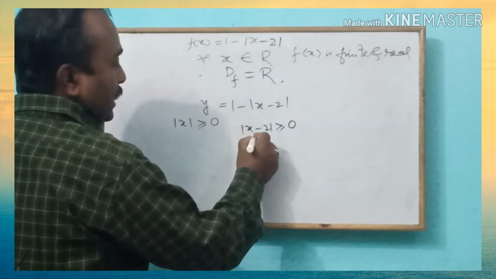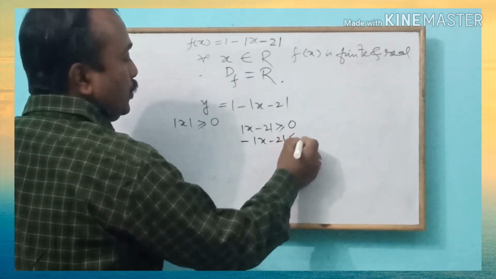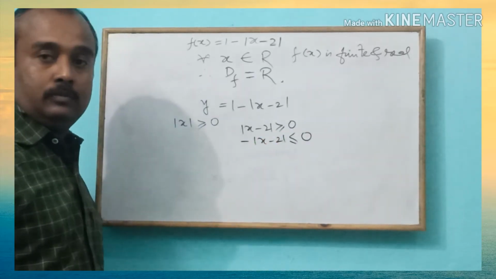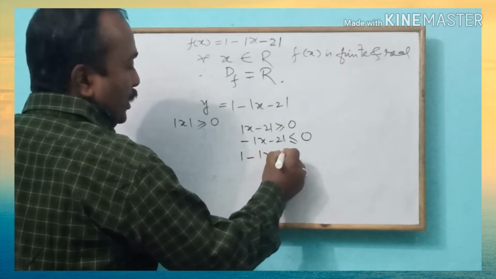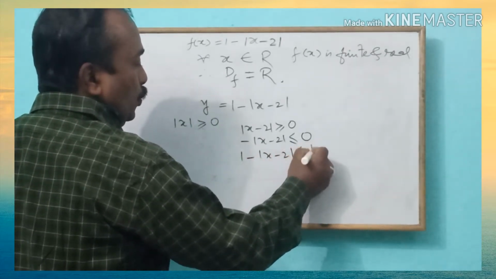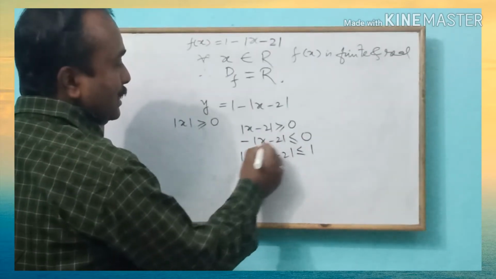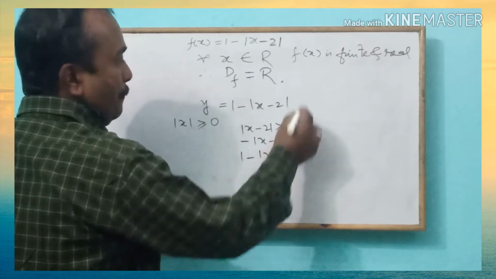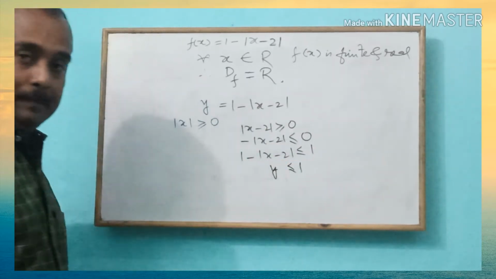And -|x - 2| is less than or equal to 0. So 1 - |x - 2| is less than or equal to 1, if you add 1 on both sides, and this is y, because we have considered this as y. So y is less than or equal to 1.